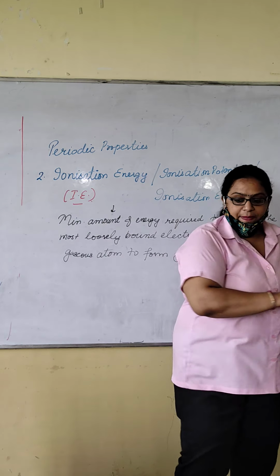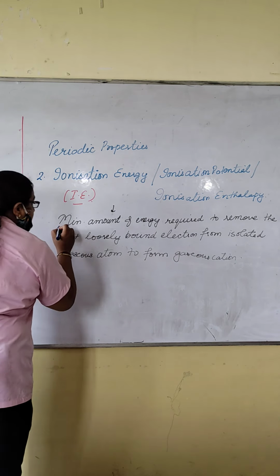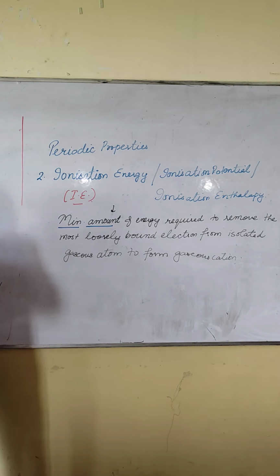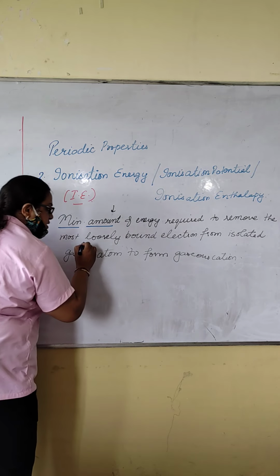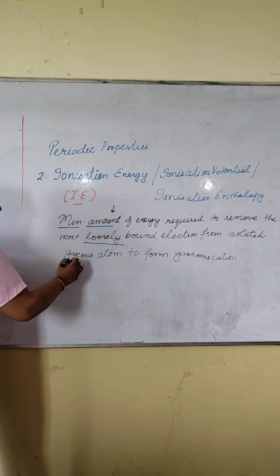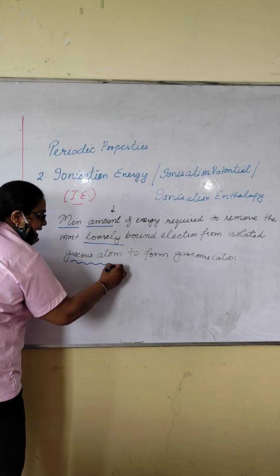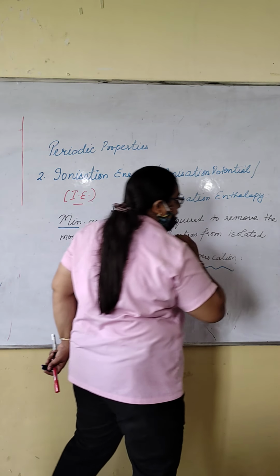This is a little bit of a big definition. So it is the minimum amount of energy which is required to remove the most loosely bound electron from an isolated gaseous atom to form a gaseous cation.